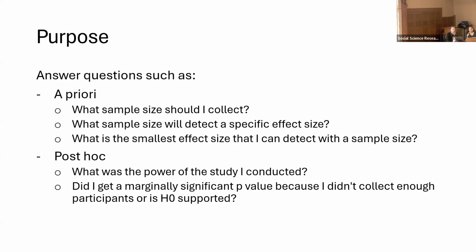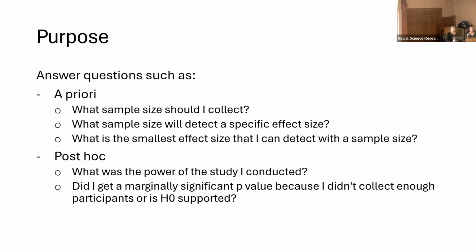One of the most common things that we look at is what sample size should I collect? We are social psychologists. How many participants do we need? If we're doing a multi-level model, you might be like, how many stimuli do we need? How many schools do we need to collect from? Things like that. And so this comes up quite often in grant writing for you to justify how much money you're asking for.